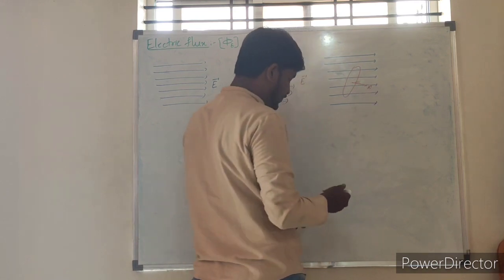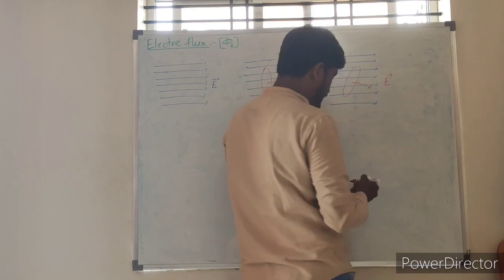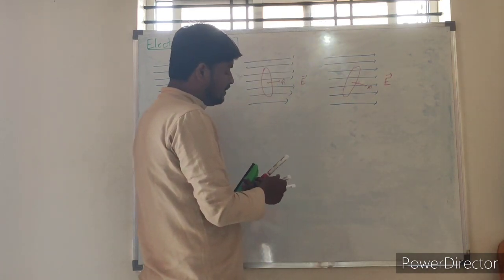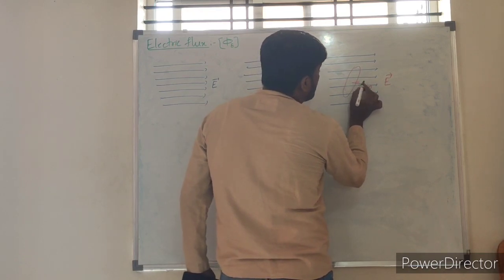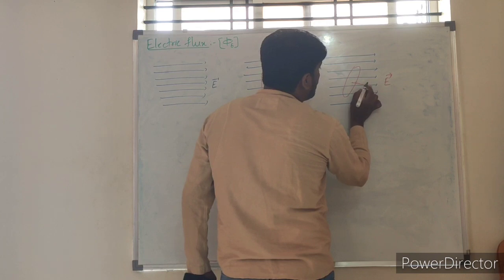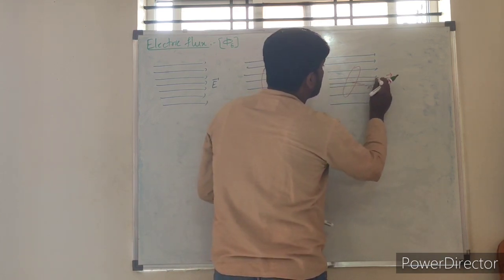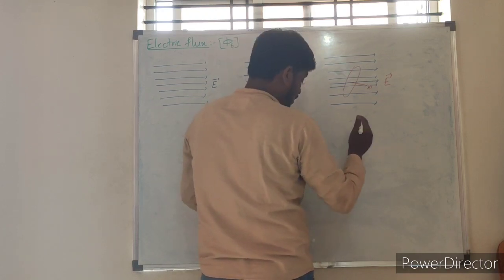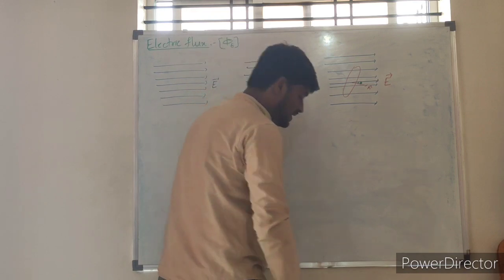This is now n cap. This is the direction of the electric field. Look at this. Then the normal of the surface area subtends an angle theta with respect to the electric field. Suppose I draw one more electric field line here, so you can notice it properly. So this is indicating the direction of the surface area.